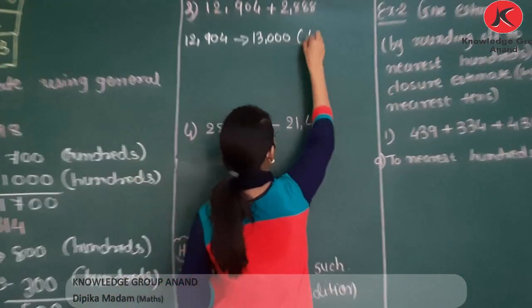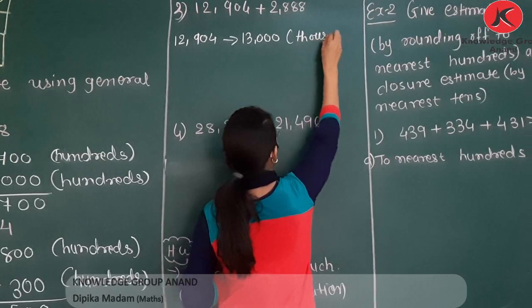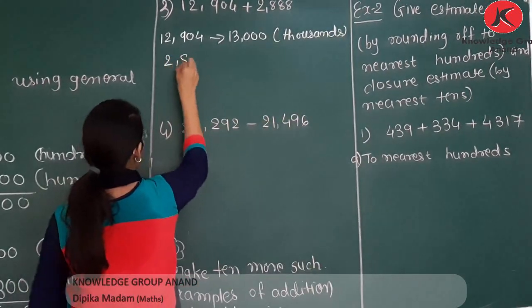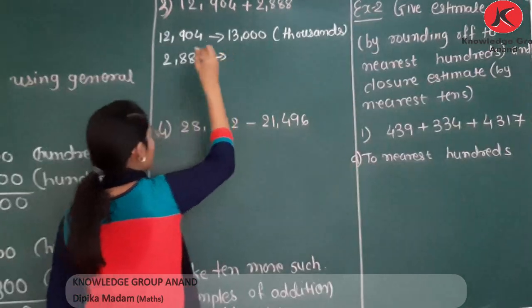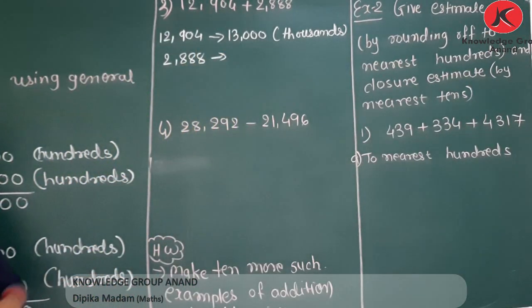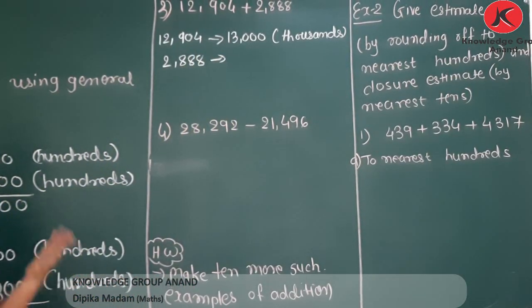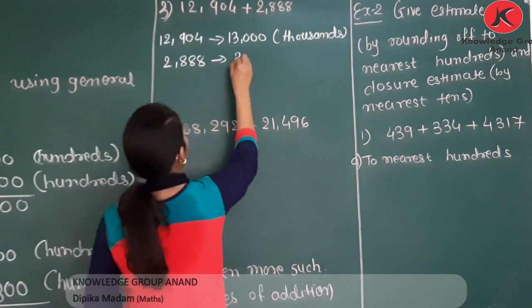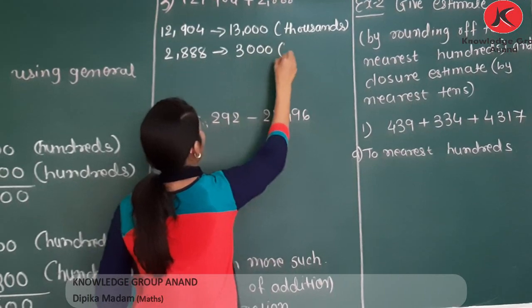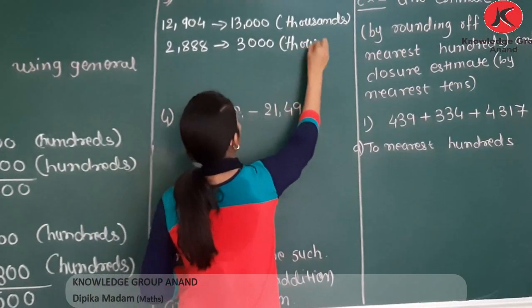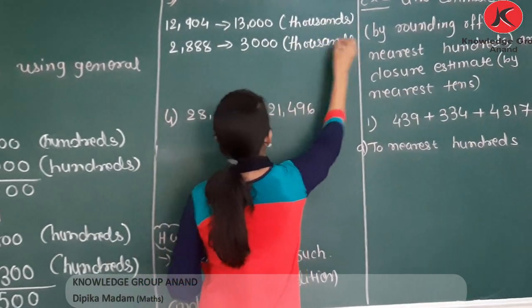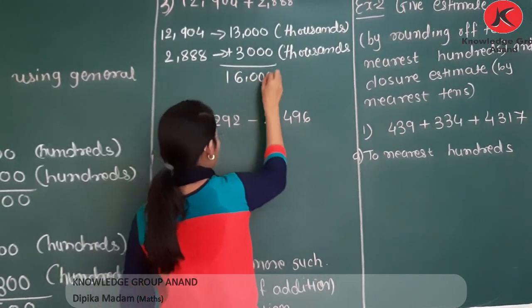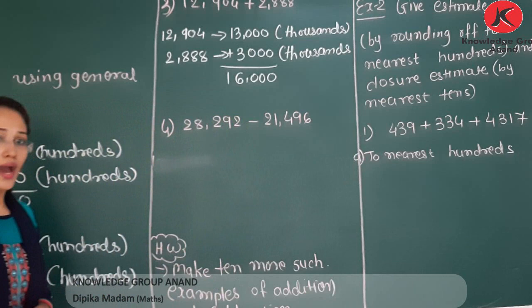Here I perform 1000 estimation. 2,888. It is between which two thousand numbers? 2,000 or 3,000? And it is nearer to 3,000, so 3,000 will be estimated. Now perform the addition. We will get 16,000 as the estimated answer.